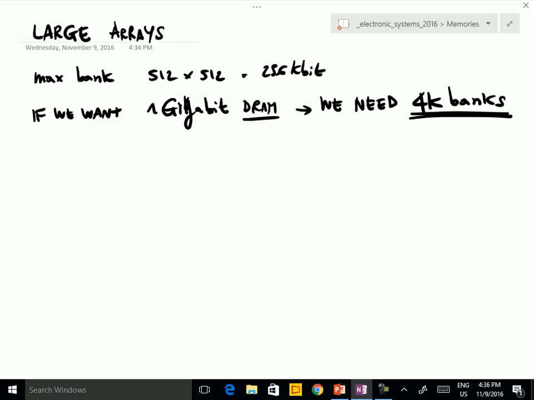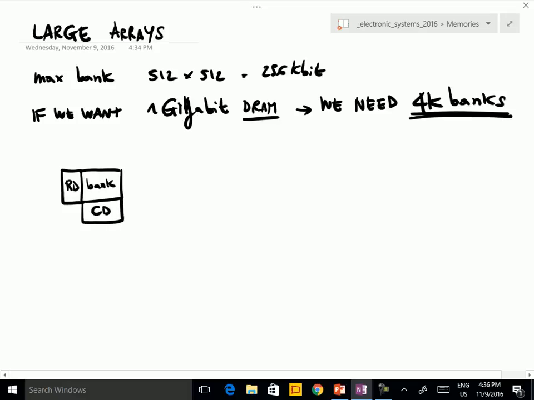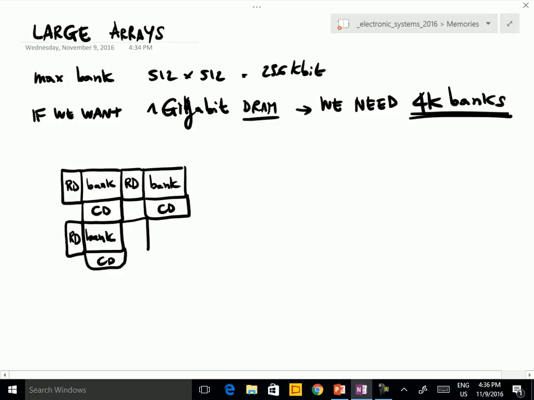How do we do that? We typically do the following thing. We have 1 bank, then we have the row decoder and the column decoder, or the word line decoder and bit line decoder, and then we repeat the same structure again and again. Row decoder, column decoder, another bank, and then below you have the row decoder, another bank, the column decoder, and on and on.